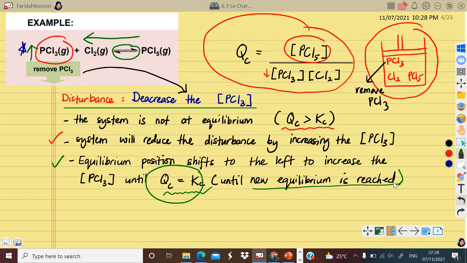Okay, so that is one example of how concentration affects the equilibrium position.